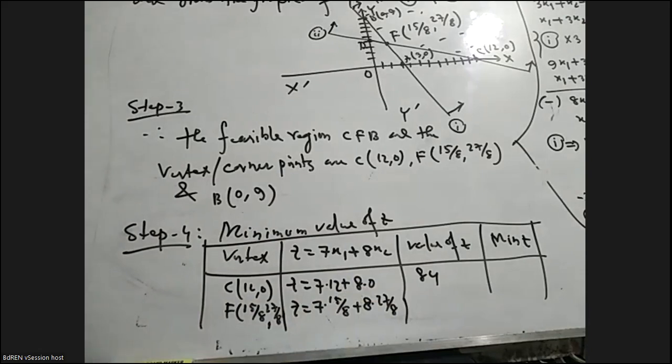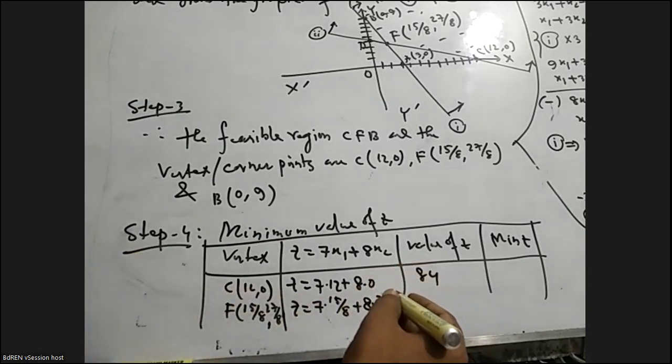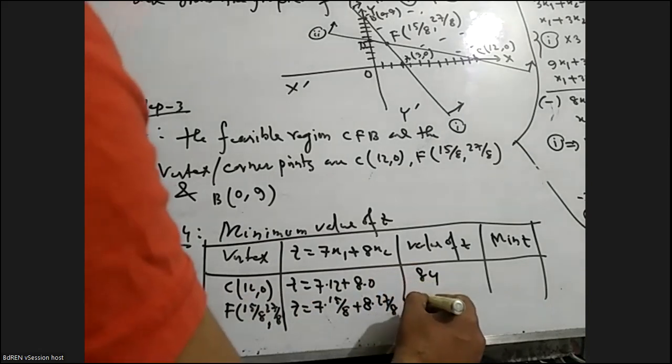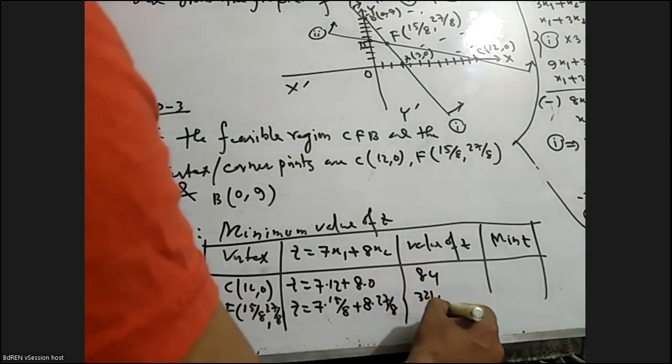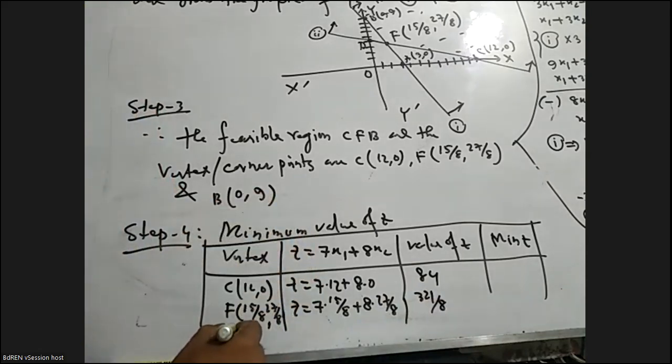After simplification, we get 321 by 8. Now another vertex point P, 0, 9.